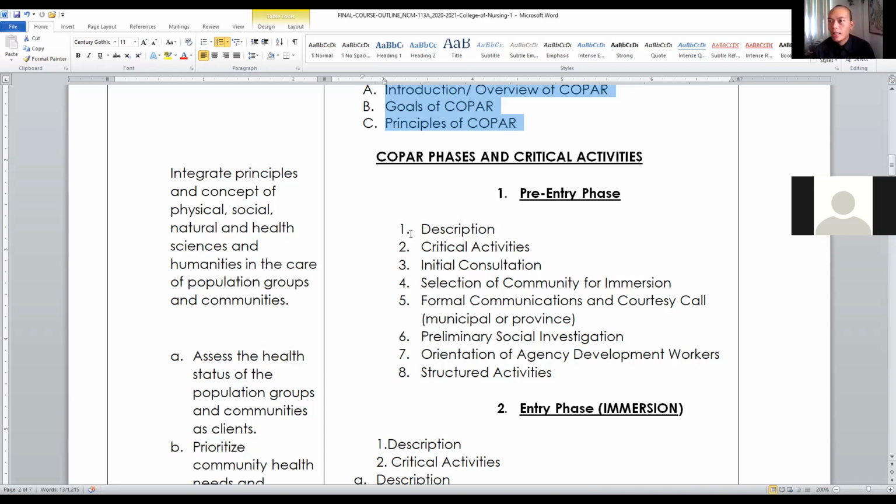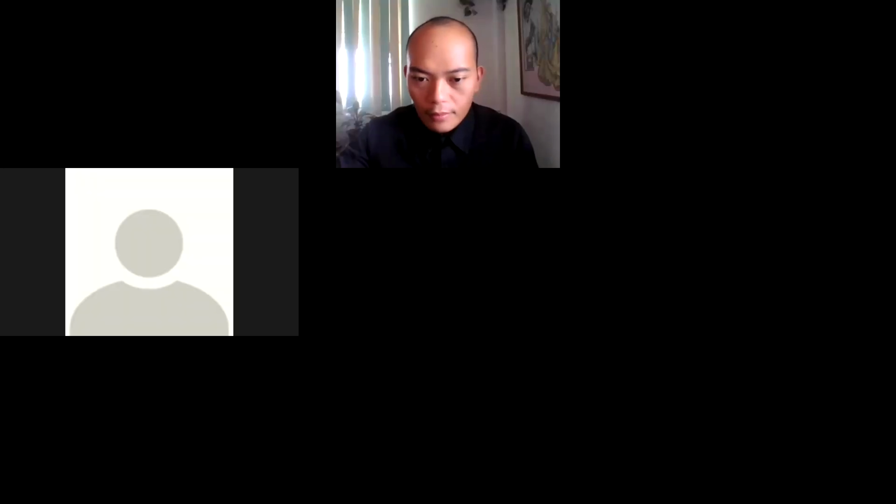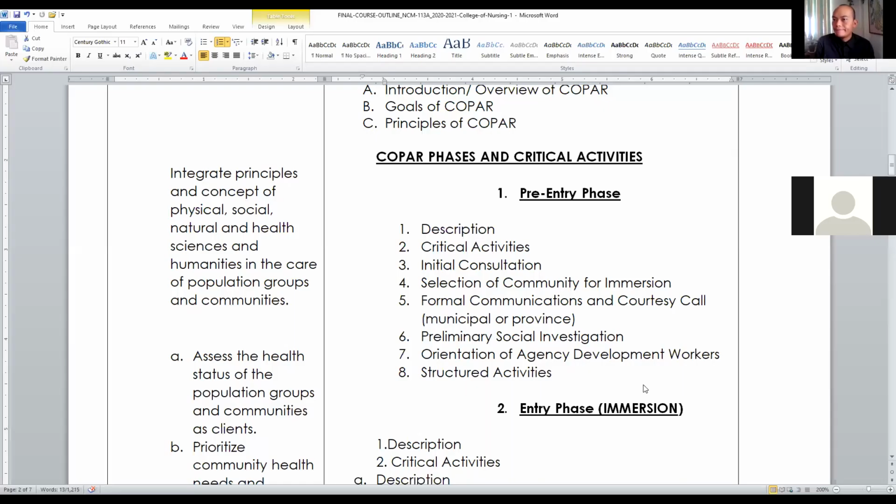Ano pa? We will be trying to implement activities in your homes. Like for example, yung isang shinare sa chat group natin. I don't have it prepared right now. But one of the things that was shared dun sa 113A chat group natin was the household survey form.